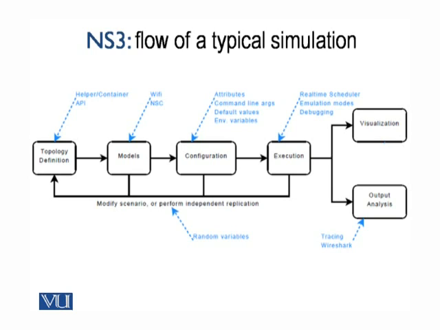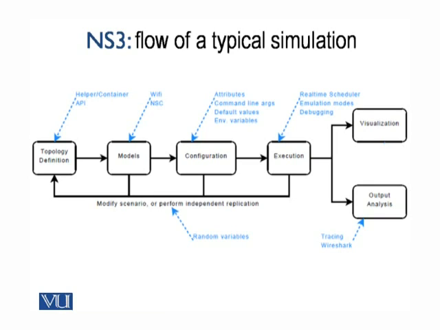Along with models, we also need to configure the models. So just defining the models is not enough. We need to give it attributes which define the realistic network that we are trying to model. And thereafter we have to execute the simulation. And all this while we make use of random variables. So I would like you to tie this with the things that we've studied earlier about simulations.